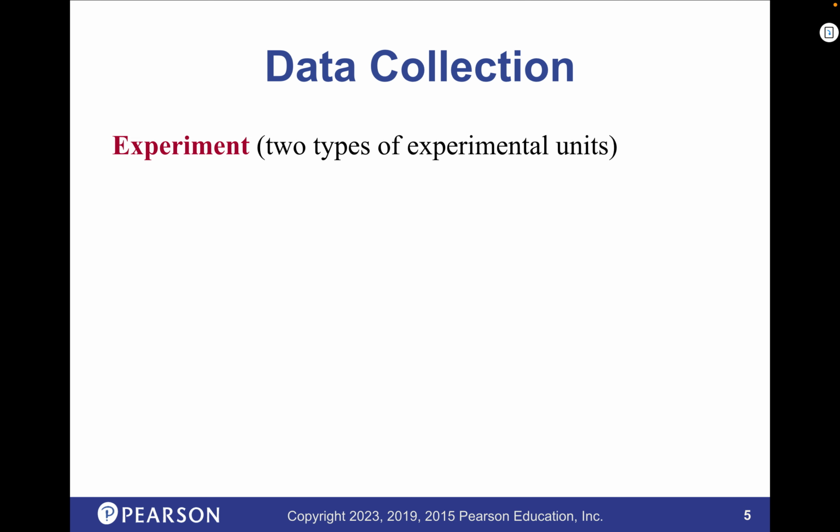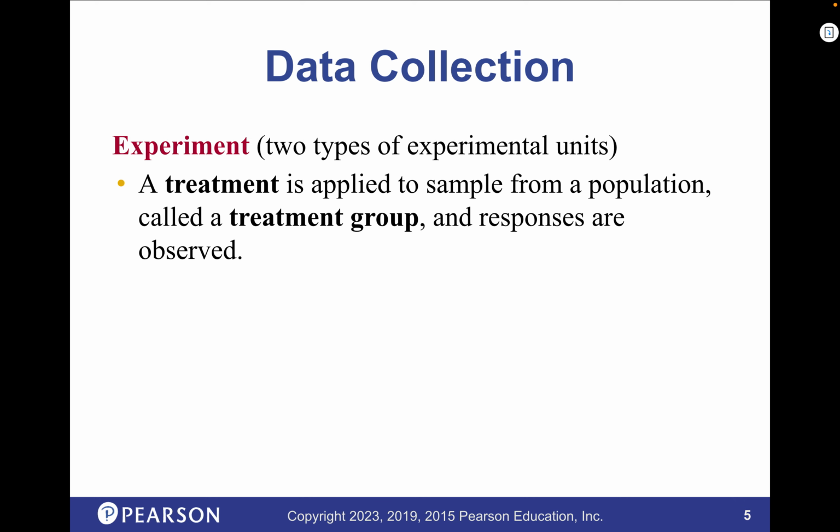Now, an experiment is different. There are two types of experimental units. When you're doing an experiment, you are bringing in a treatment of some sort. If we think in terms of medical things, taking a medicine is a treatment, trying to make some disease go away or something better, right?